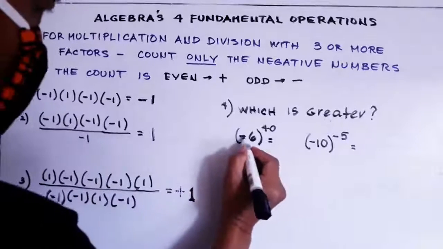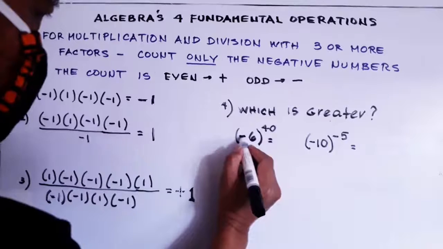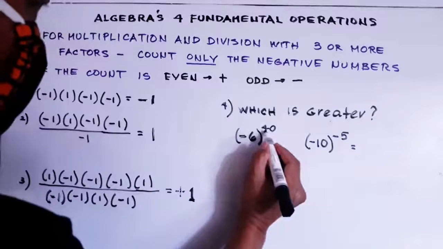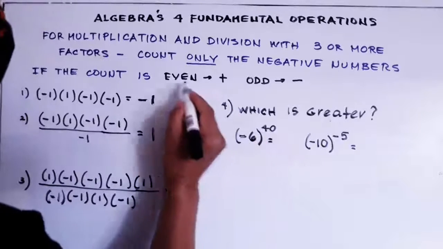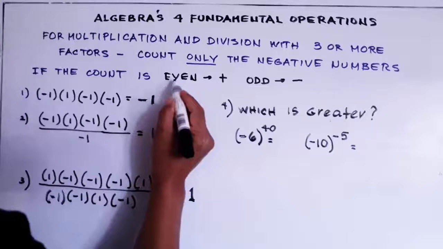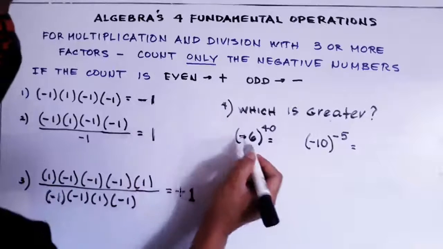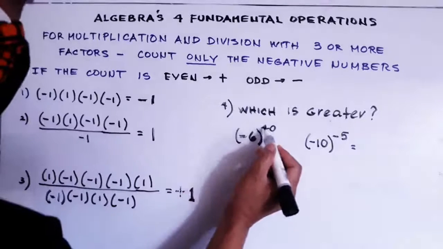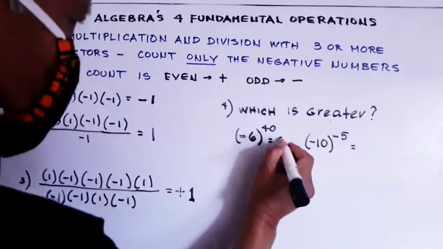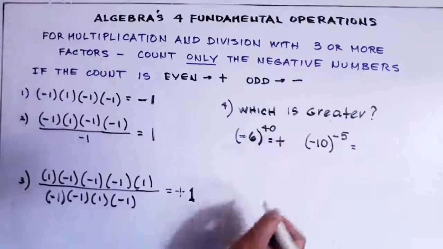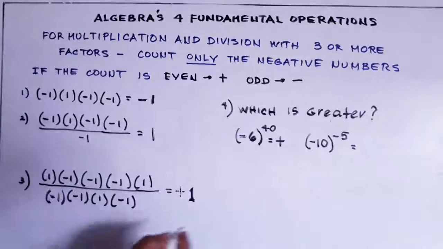So here, how many negatives do we have? Negative 6, so we have 40 negatives. And what is 40? That is even. And what's the sign of the final answer? Our sign here will be positive. It's a big number.